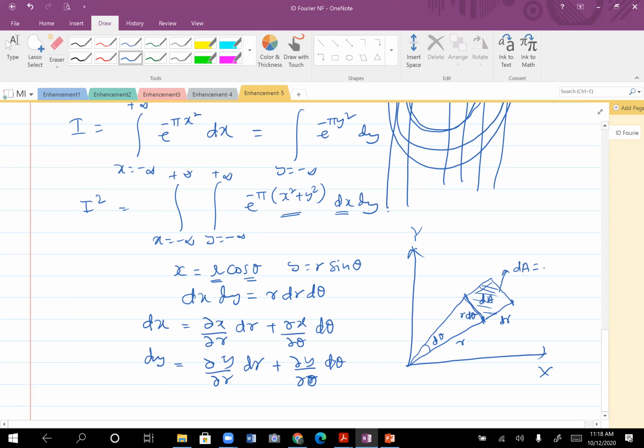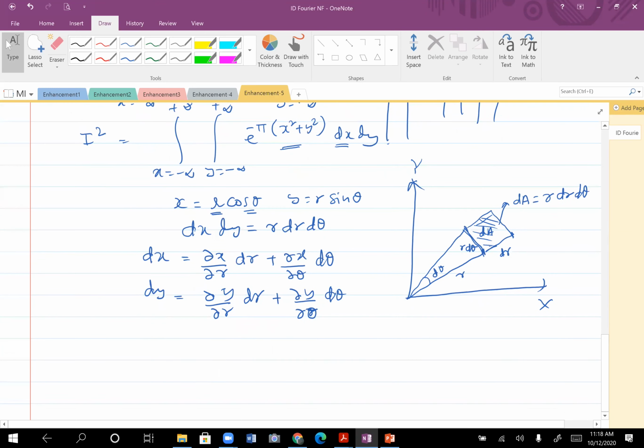Originally you draw along similar lines for dx dy, and then if you come here, this would be equal to r dr dθ. This is some intuitive proof. Again, you just Google for it, you will get a more rigorous one if you want. This is the standard one.